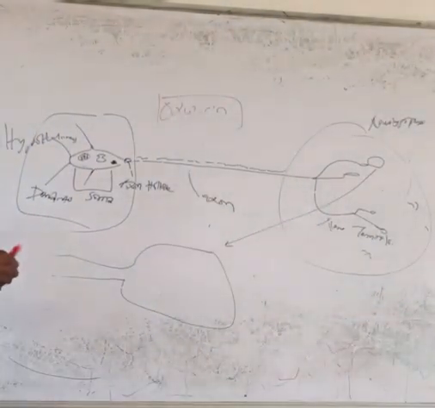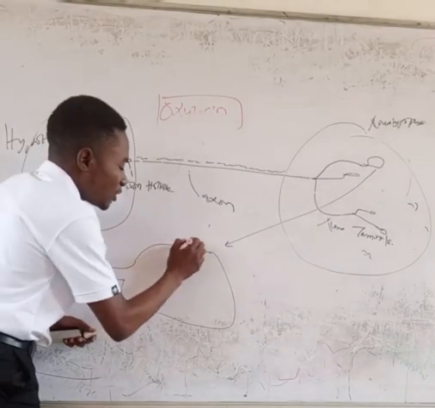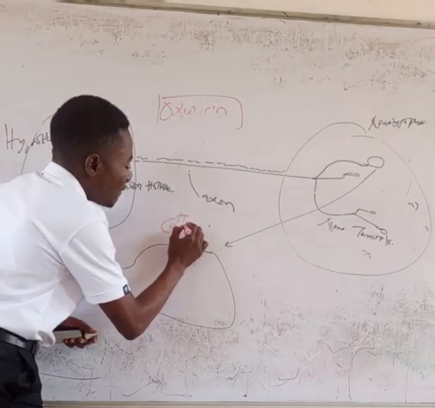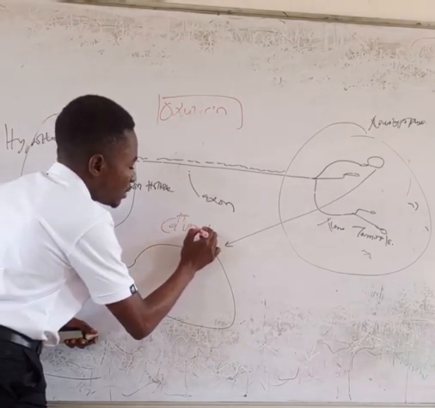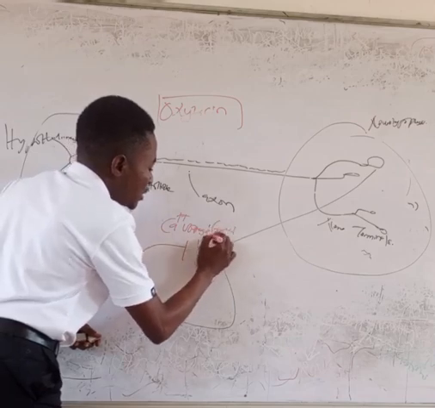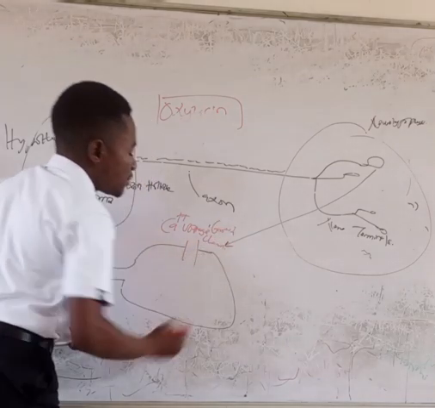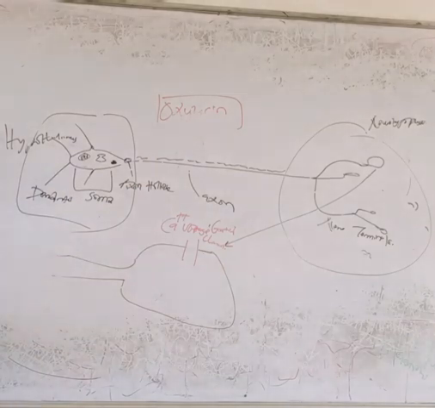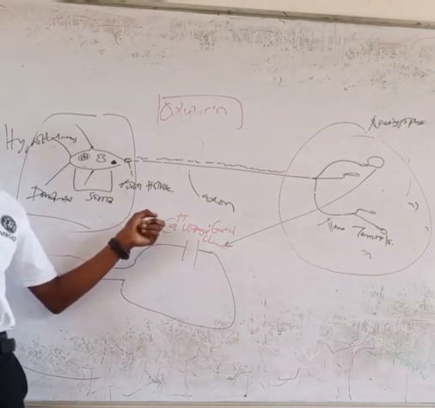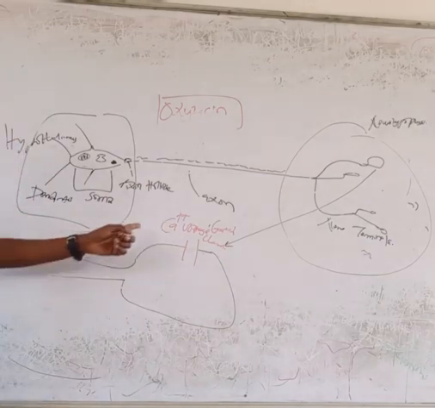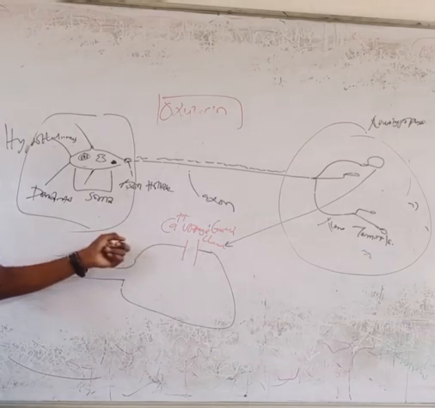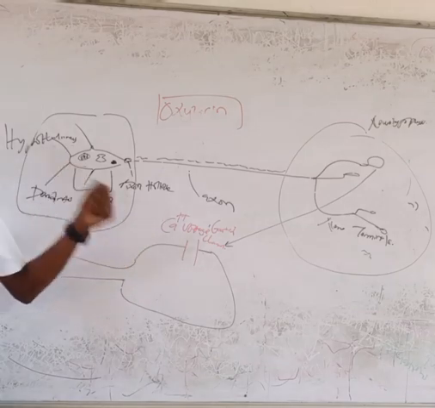Now, this nerve terminal has got receptors, has got a channel which is called the calcium voltage gated channel. So this channel depends on what? On voltage. That's why it is called calcium voltage gated channel.